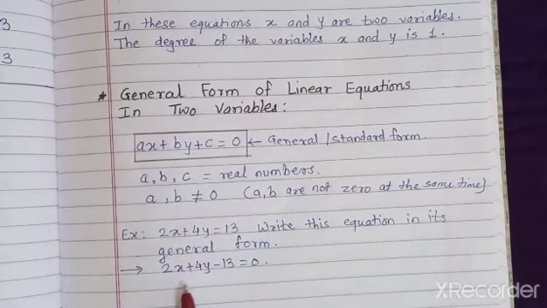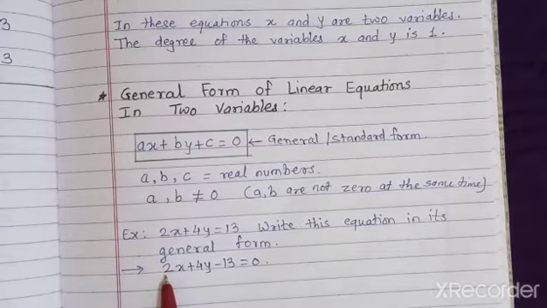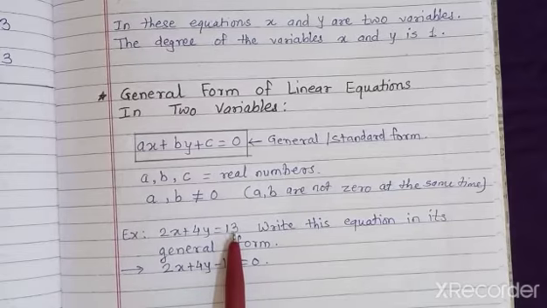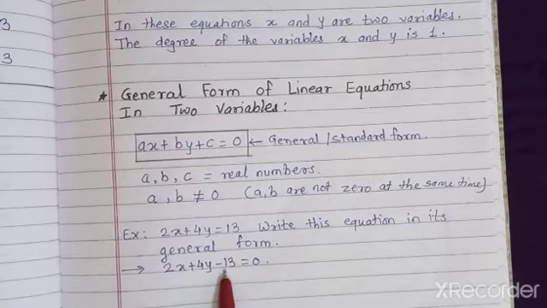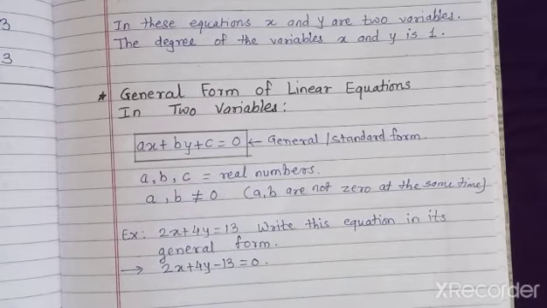You have to write it in the general form. So how can it be written? It is 2x plus 4y, and this 13 taken to the left hand side will be minus 13, which is equal to 0.